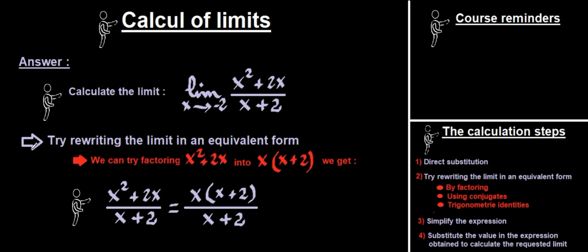Step number 2. Try rewriting the limit in an equivalent form. We can try to factor the numerator x squared plus 2x into x times x plus 2. So, the expression x squared plus 2x divided by x plus 2 becomes x times x plus 2 divided by x plus 2.